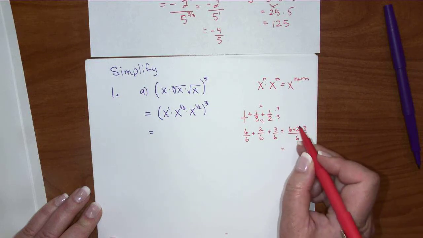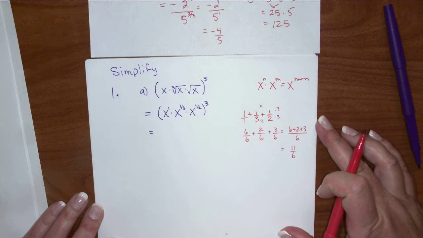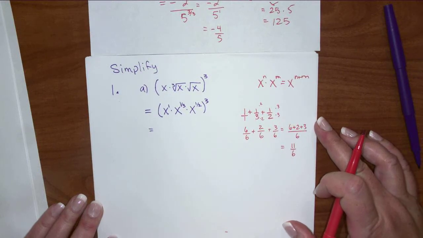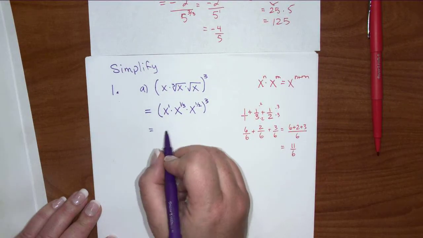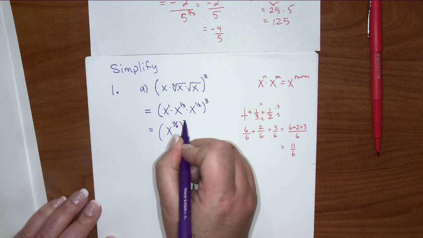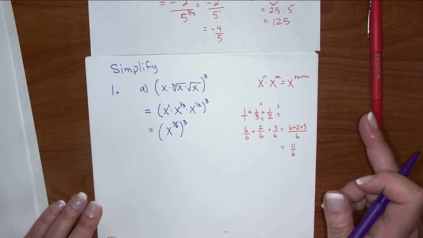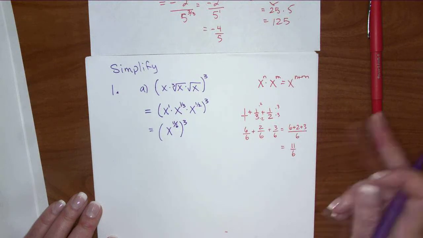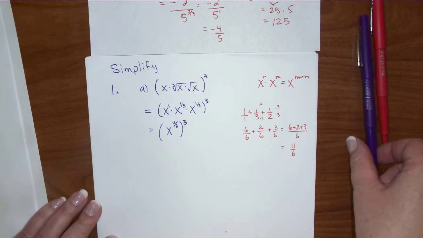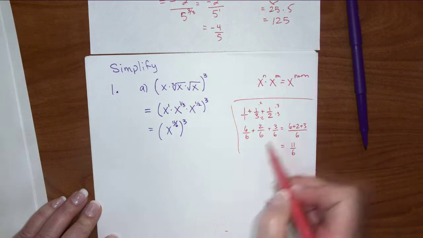That's 11. So we've got, and I just did that off to the side, x to the 11 over 6 cubed. And now how do we deal with that? Multiply the exponents. That was the adding of the exponents.